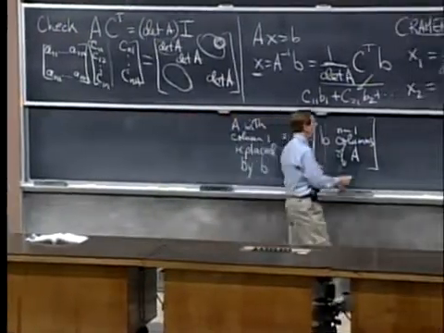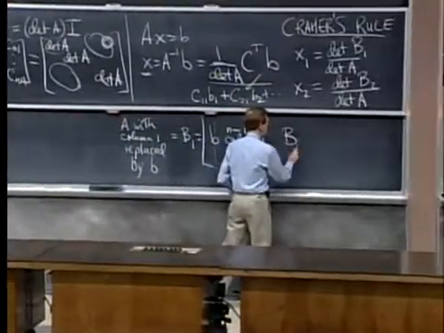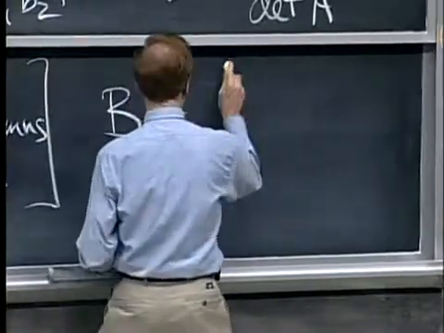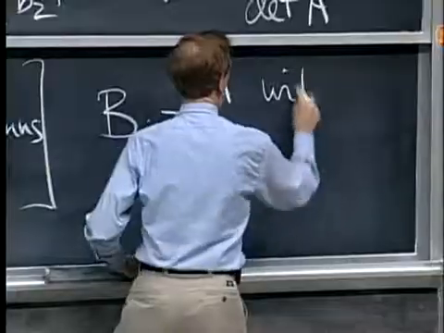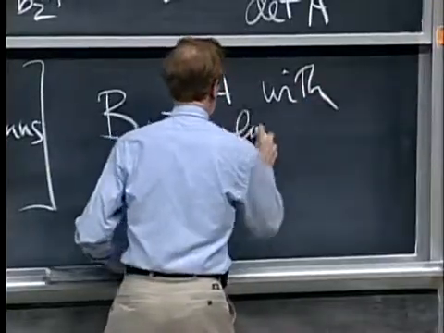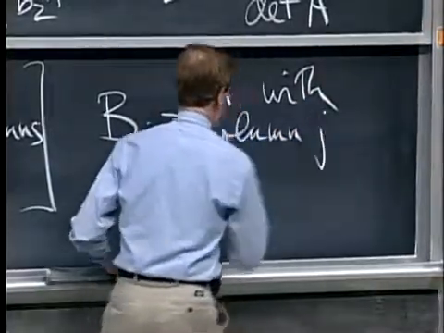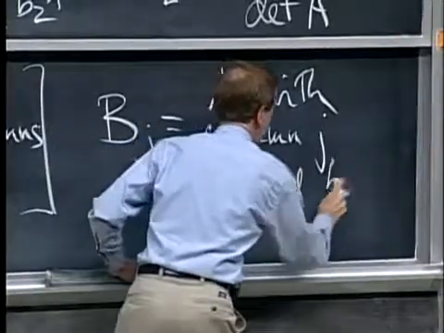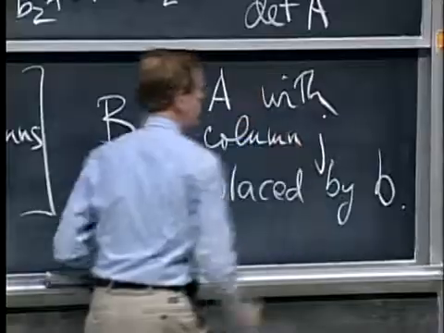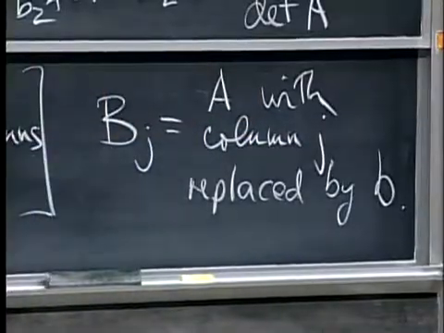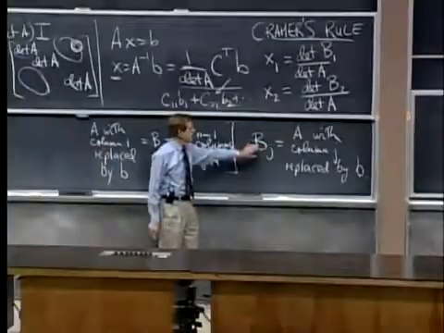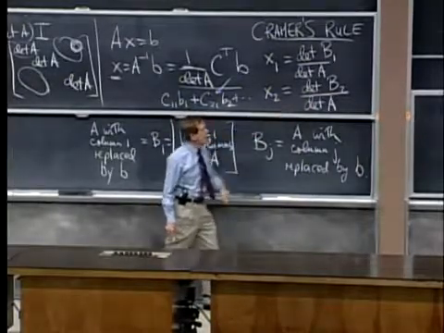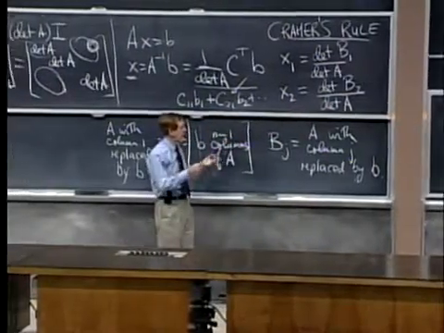So what is Bj, in general? This is A with column j replaced by B. So it's the determinant of that matrix that you divide by the determinant of A to get xj.